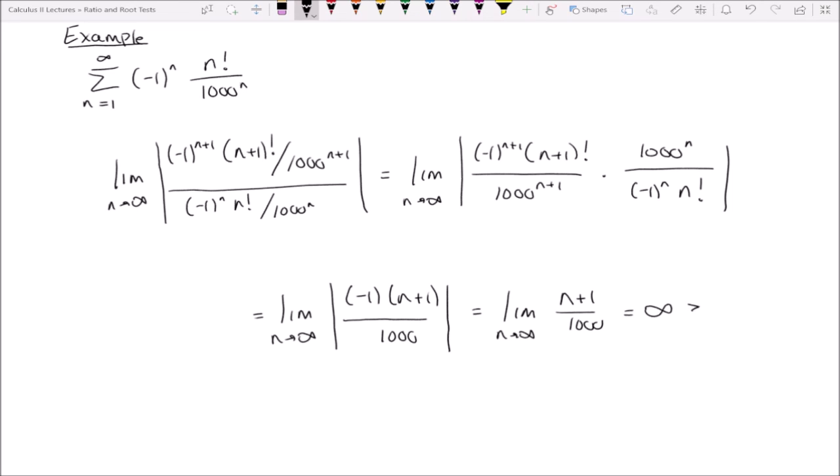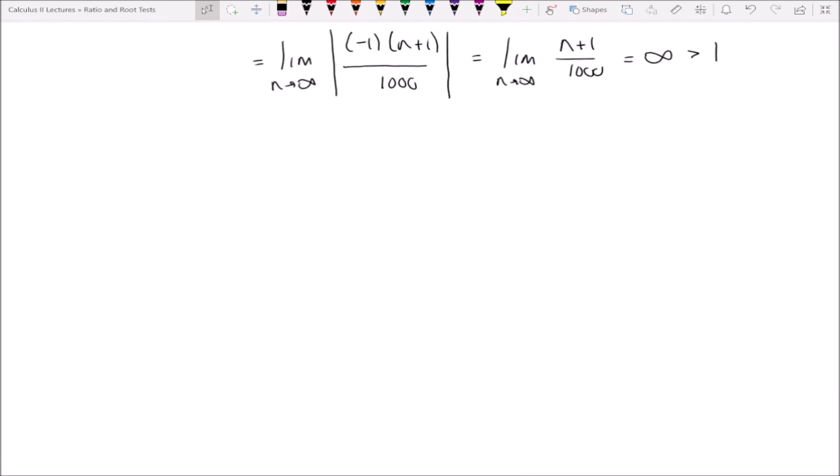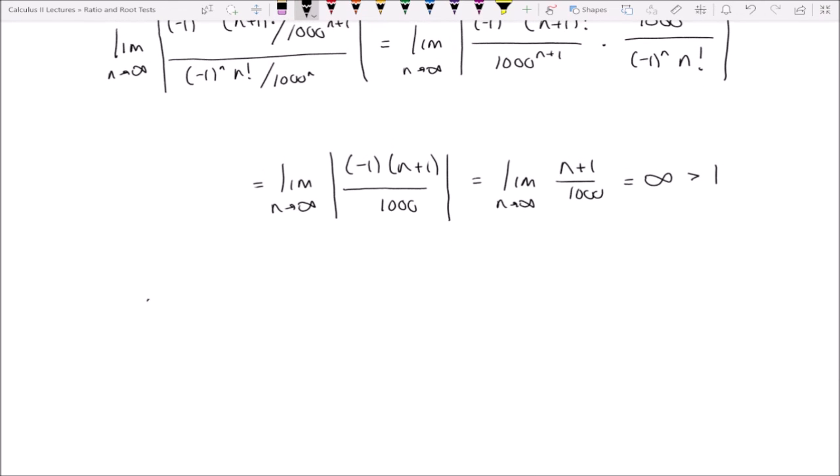Right, that limit is infinite, which is indeed larger than 1. So then this series diverges.